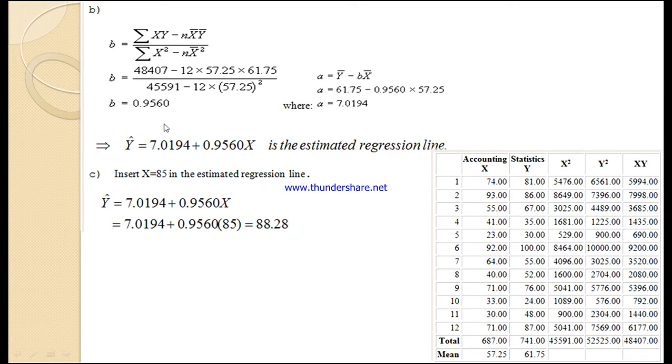After we obtain the value of b, we can easily determine a by using its own formula. A is equal to y bar minus b times x bar.